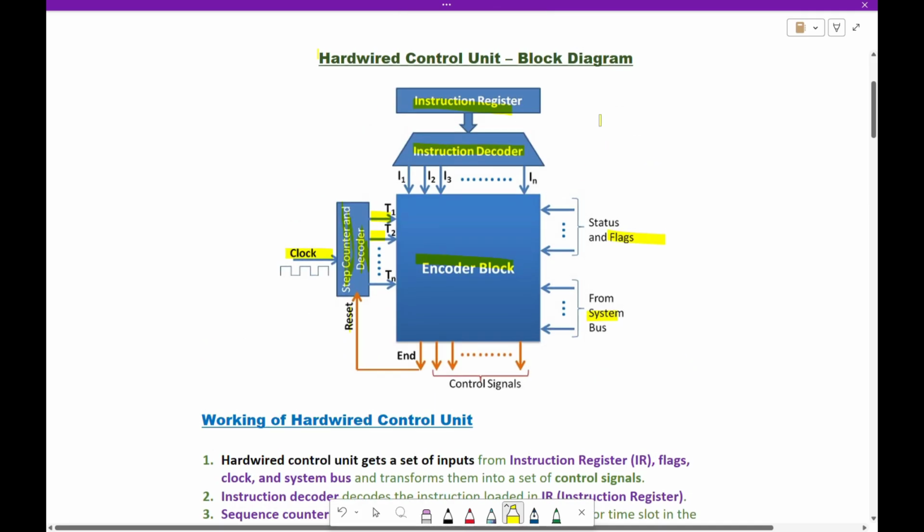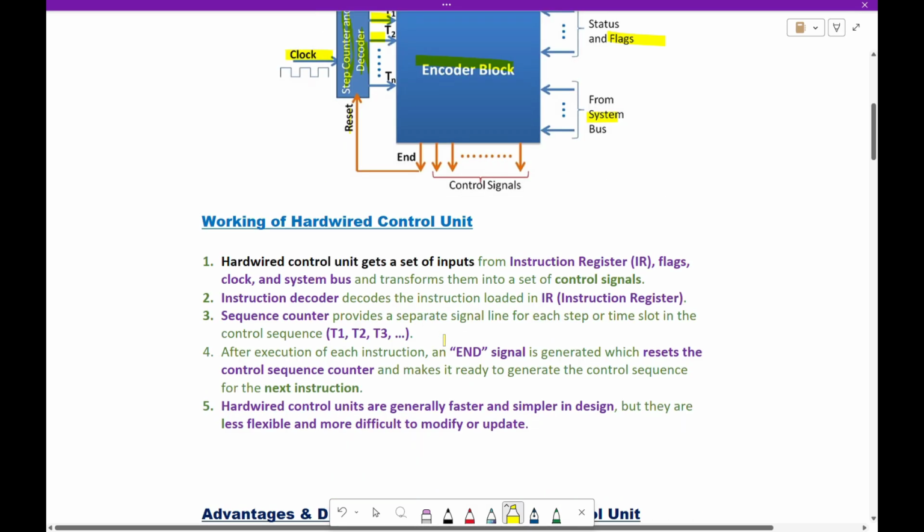Let the process happen again and another new instruction is performed and new control signals are generated. So this is the working of hardware control unit.